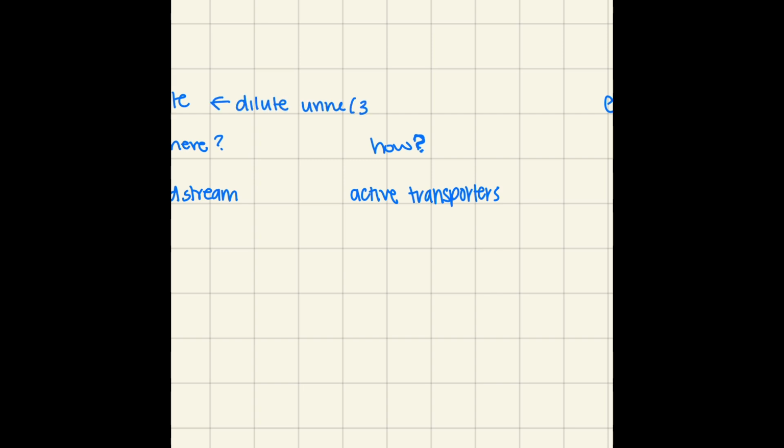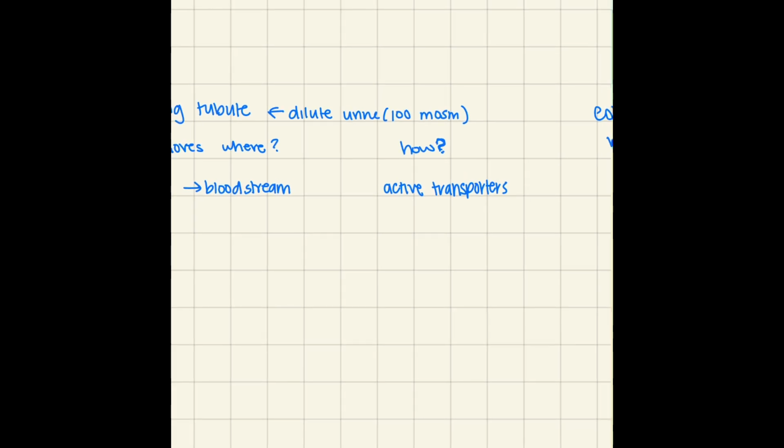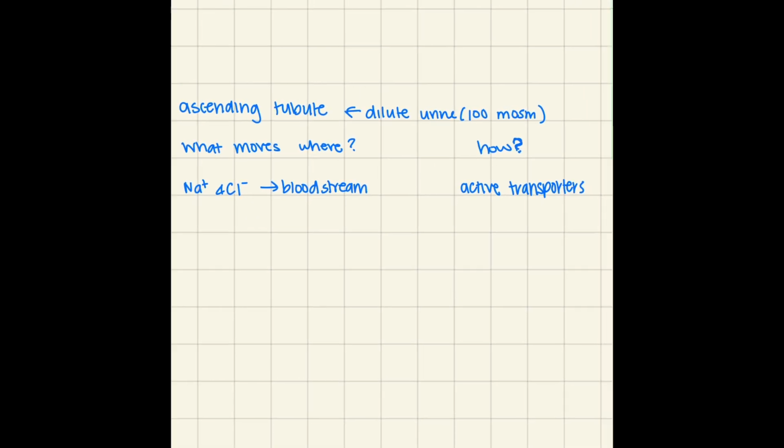So by the end of this, our urine will be about 100 milliosmolar per liter, or 100 milliosmol per liter, 100 milliosmolar. The book says 60, Brother Hunt said 100 in the lecture. I'm going to go with somewhere in between the two, or 100 because that's what he said in lecture. Not sure.